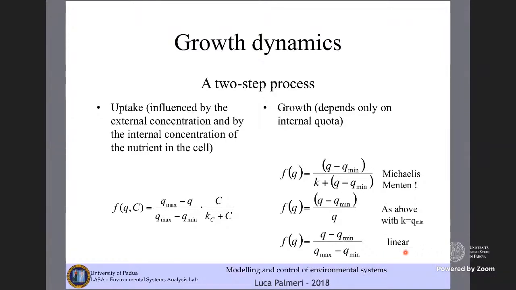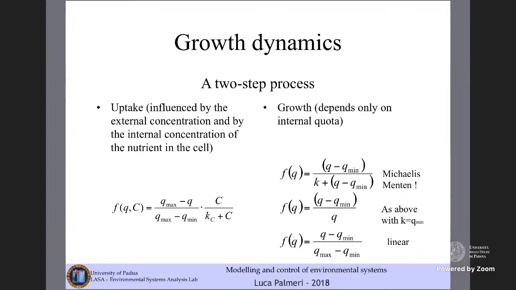You may ask yourself why we should complicate our life this way. Because, unfortunately or fortunately, these processes really happen in nature.